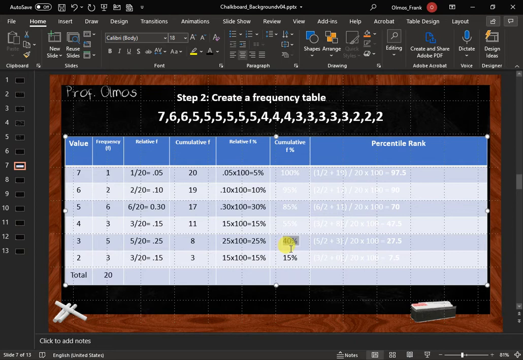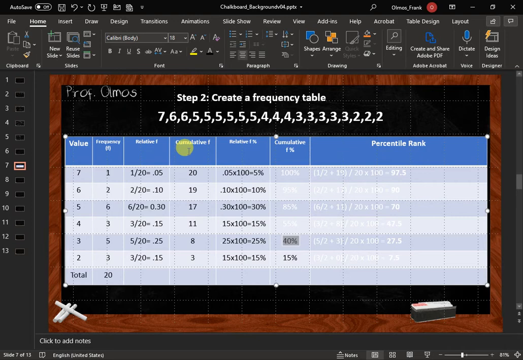So it's just a little bit different from how you get cumulative frequency in general, because the cumulative frequency percentage comes from the relative frequency percentage here. In other words, you need the relative frequency to get to the cumulative frequency percentage.